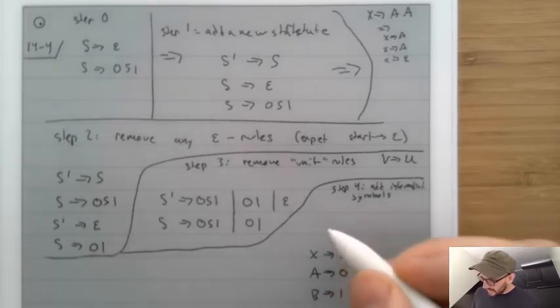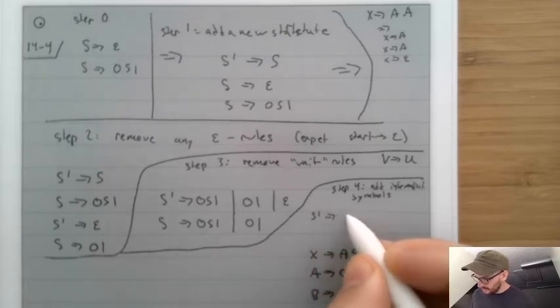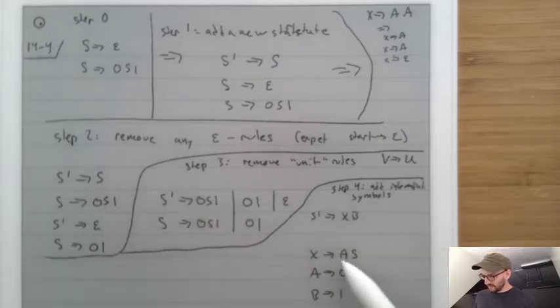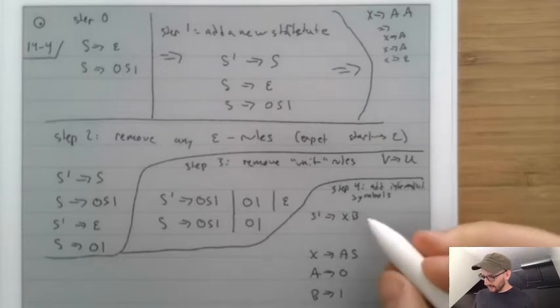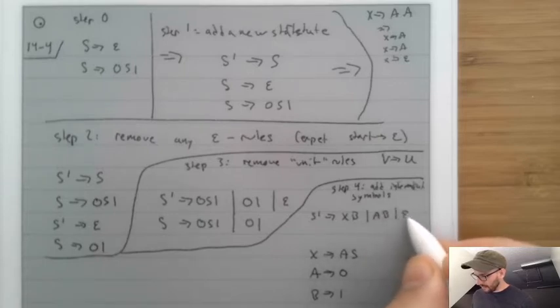Okay, so now we go and we use these in our old rules. So S prime is going to go to X B, because it has to have a 0, an S, and then a 1. Or it can go to A B, or it can go to epsilon.